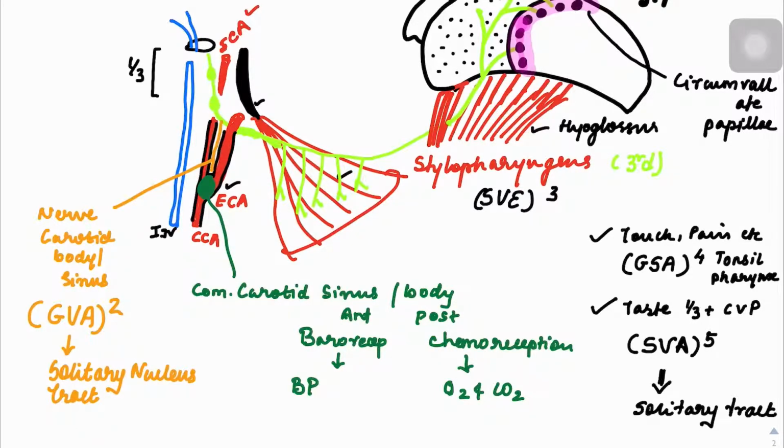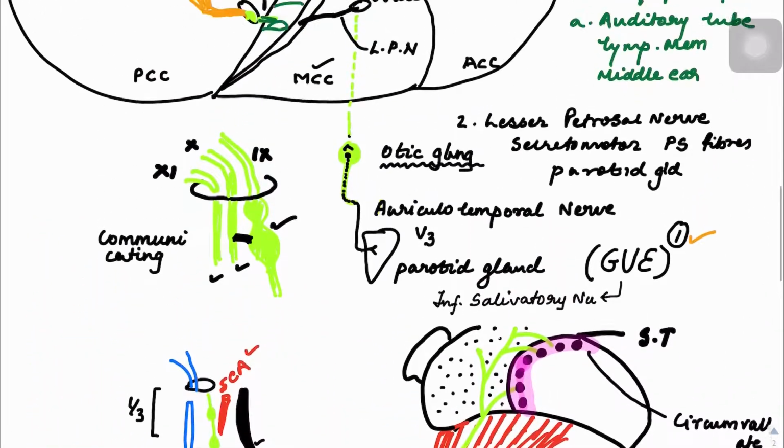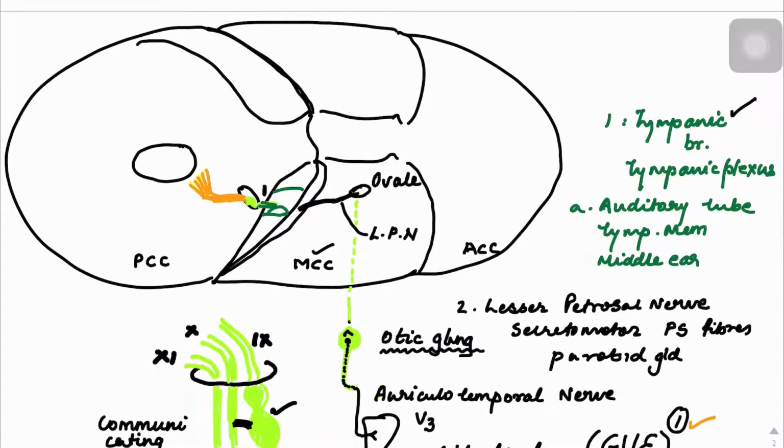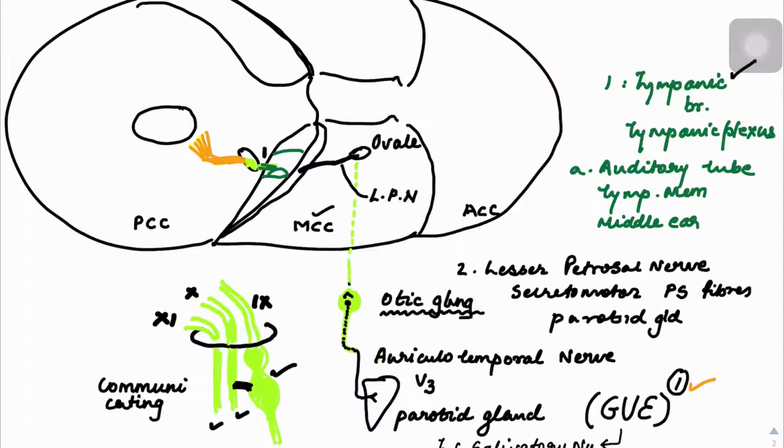Okay, so this entire course of the glossopharyngeal nerve along with the functional components, let us revise the functional components. The first functional component which we said was general visceral efferent. This is carried by the lesser petrosal nerve. The glossopharyngeal nerve enters into the middle ear cavity through the tympanic branch. It will form the tympanic plexus with other nerves.